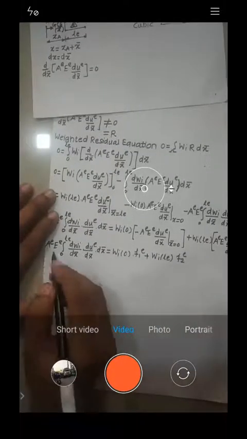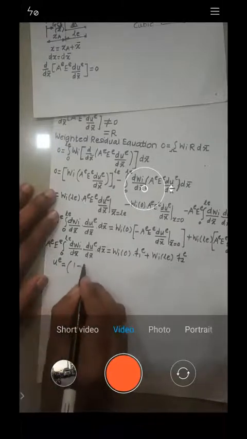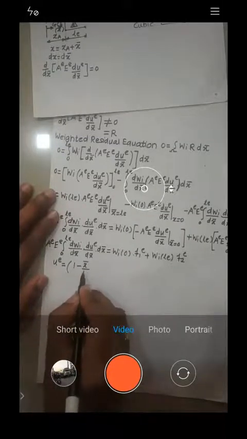And what they are saying, use Lagrangian linear shape function. So what is the meaning of Lagrangian shape function? Here UE is equal to (1 minus x bar by LE) U1E plus (x bar by LE) U2E. See, this is the meaning of Lagrangian linear shape function, right?